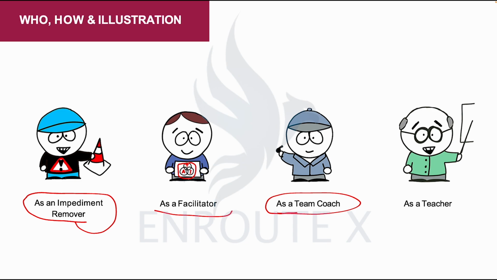I made mention of peer programming. Peer programming helps the team to bridge knowledge gaps, right? So as a team coach, the Scrum Master encourages the team to continuously improve. He empowers them, and also he resolves all their conflicts.